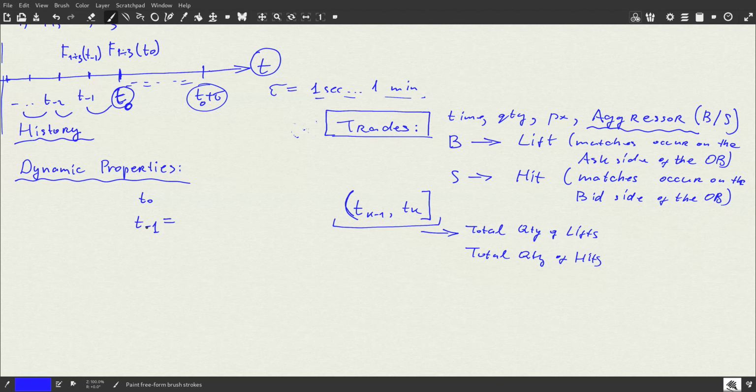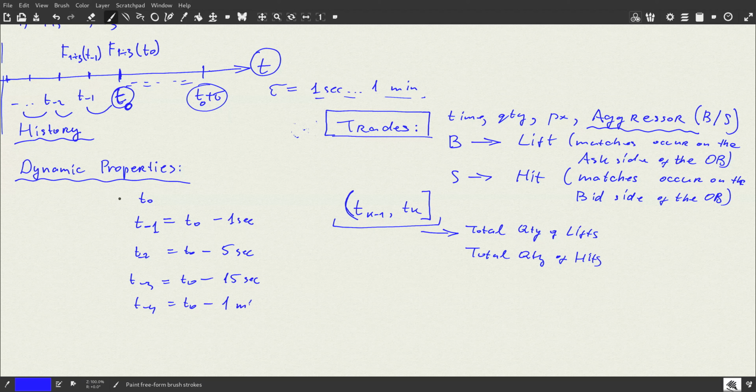For example, t-1 is t0 minus 1 second, t-2 is t0 minus, let's say, 5 seconds, t-3 is t0 minus 15 seconds, and t-4, for example, is t0 minus, I don't know, 30 seconds or 1 minute, something like this.